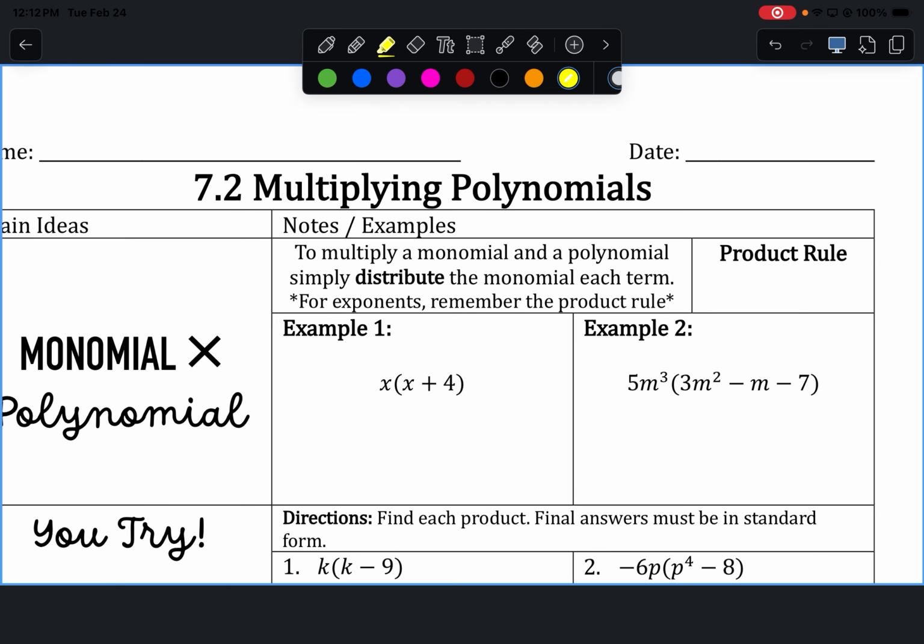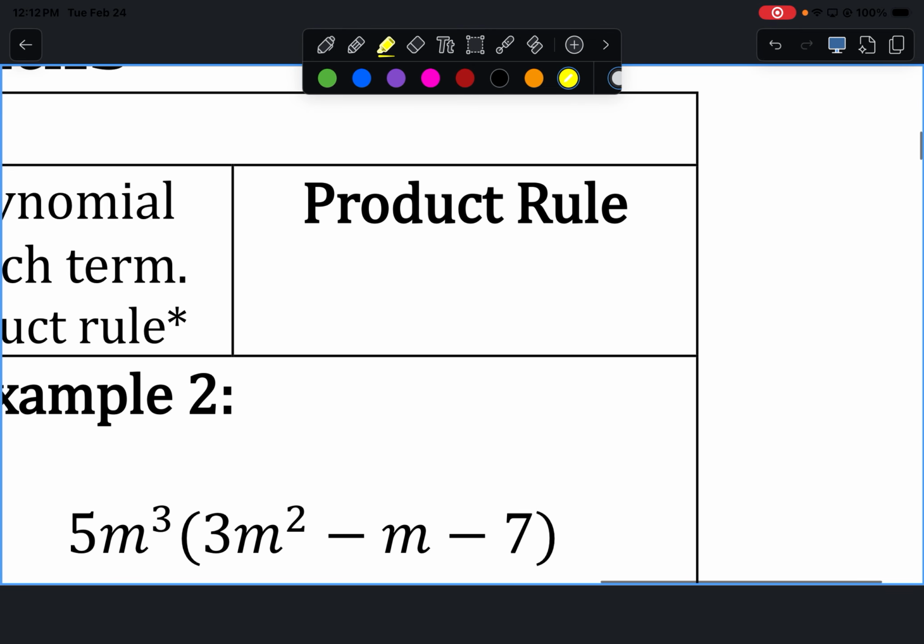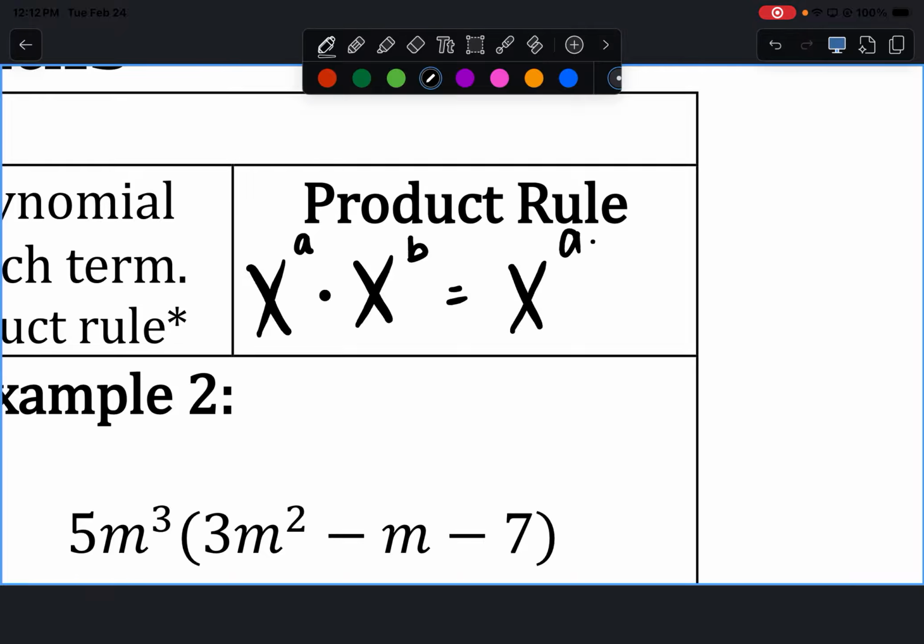Whenever we are multiplying things with exponents, if I was to multiply x to the a times x to the b, what do I do with exponents? Add them. So that gives us x to the a plus b. We have to use that whenever we are multiplying things that have exponents in them. But that only works when we have the same base.